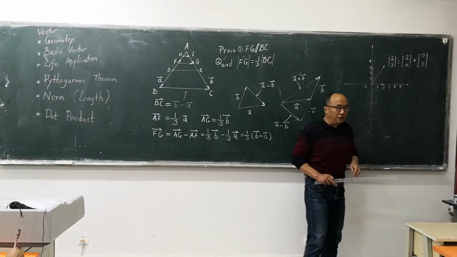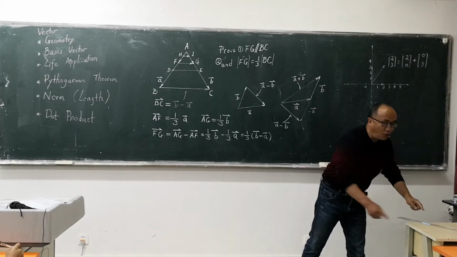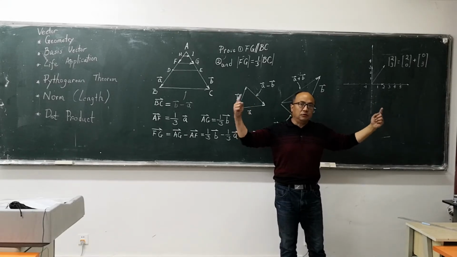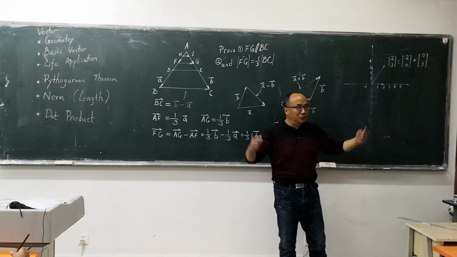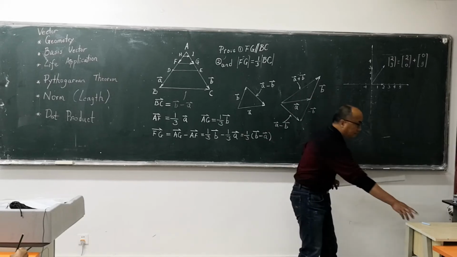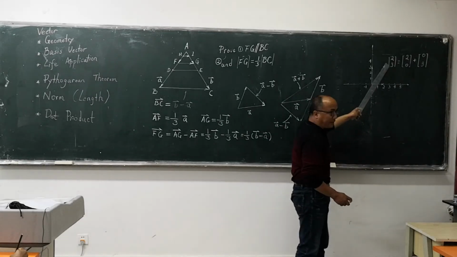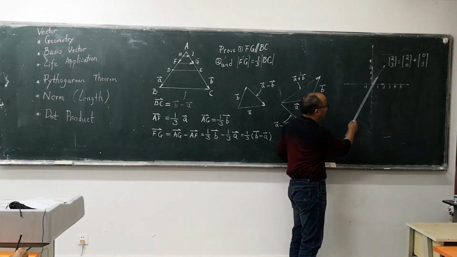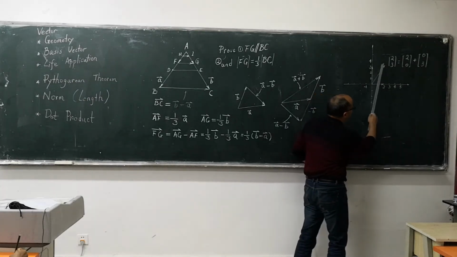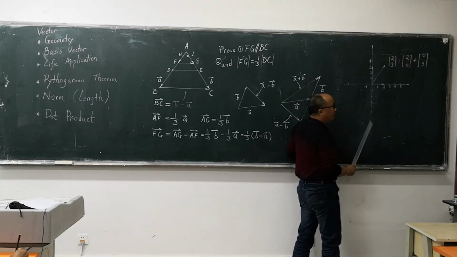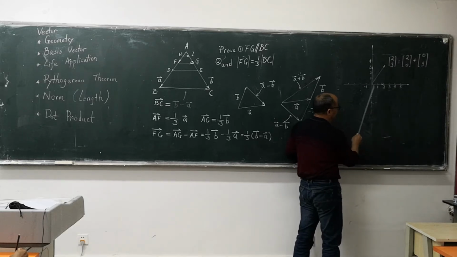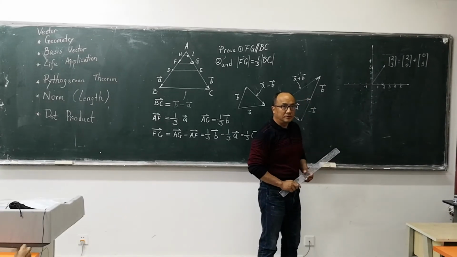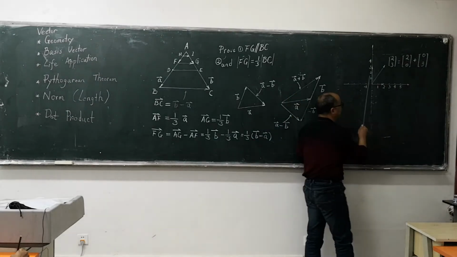I always want you to remember, we are two fingers pointing at the same moon. This (2, 3) is the same as this one. (2, 0) is the red one. (0, 3) is the blue one.